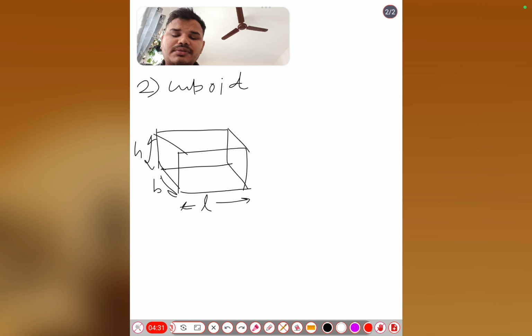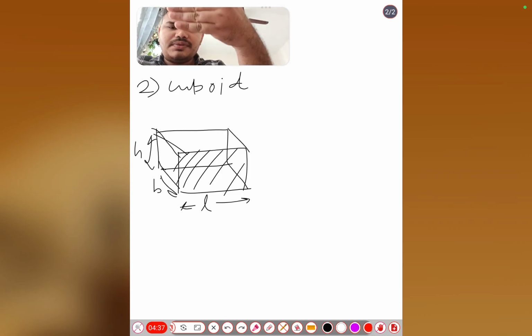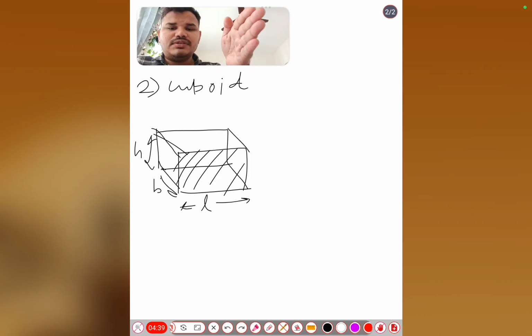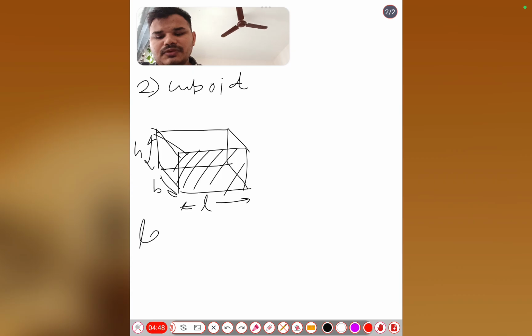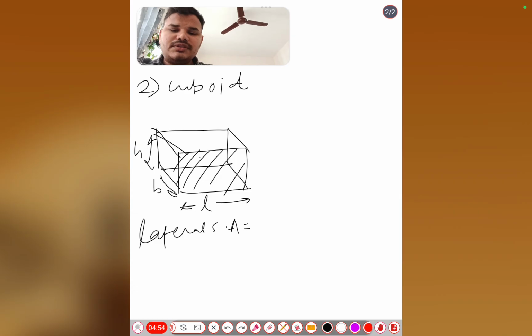If you want to find out the lateral surface, the lateral surface consists of the front side, back side, this side and this side. We are not taking the upper and lower sides. So whenever we want to find the lateral surface area, we have this surface, that surface, the front one and the back one, this one and that one.